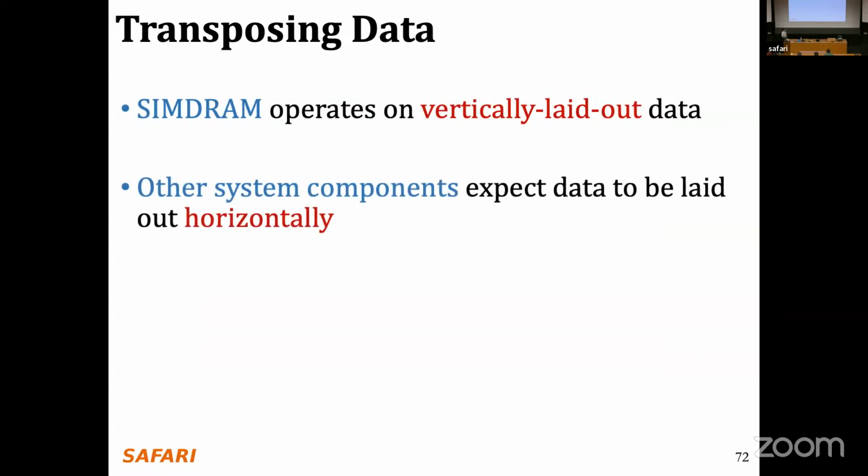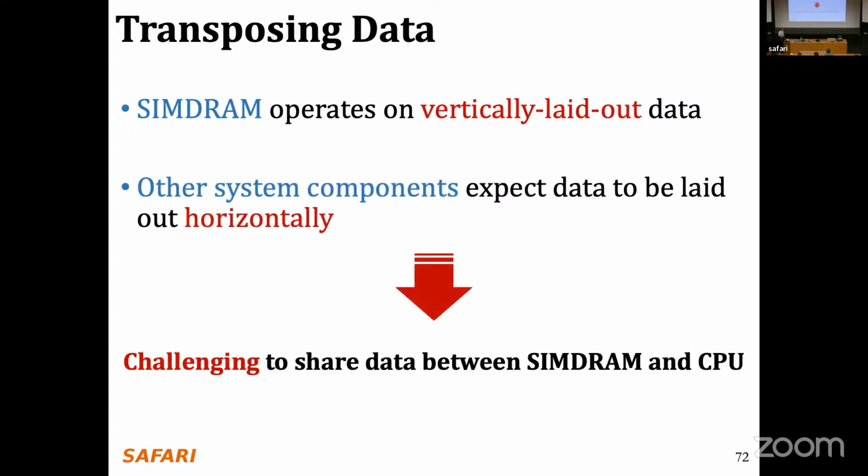But over here, I'm going to just mention one of them, which is the transposing problem itself. I'm not going to ask you to transpose all of the data every single time, independently of whether it's going to be executed in DRAM or not, because this would create performance problems for the system. There is a reason why we organize data horizontally in current DRAM chips: to improve the throughput and utilization of the multiple channels, banks and chips inside the memory subsystem.